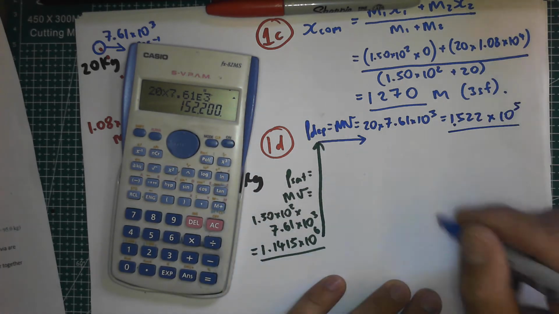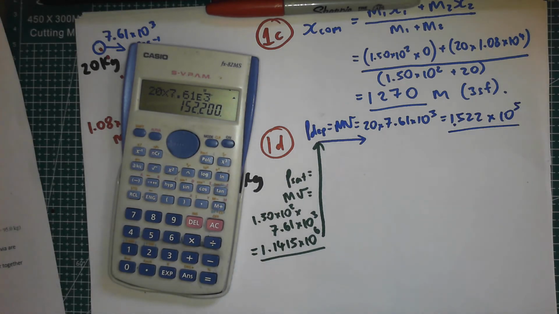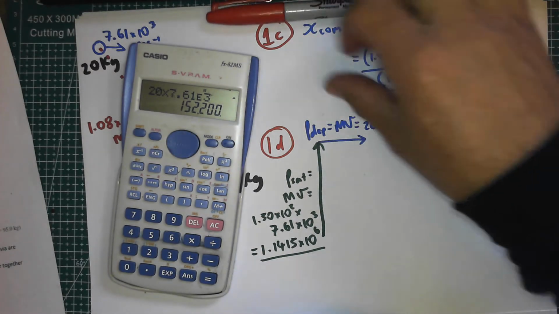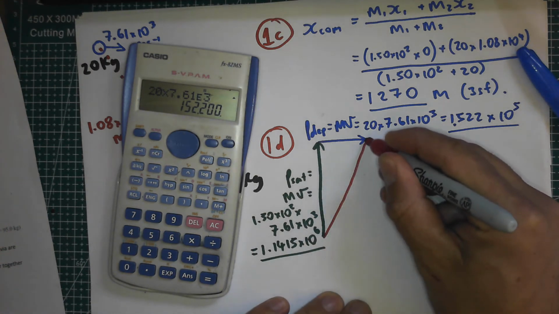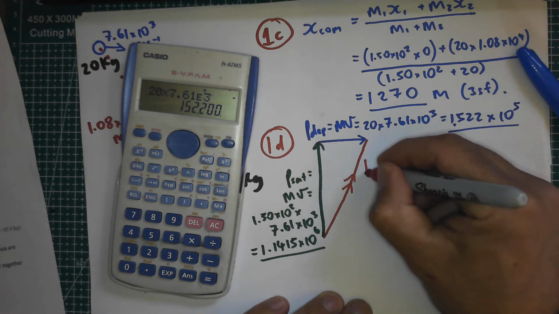These are both in kg meters per second. Right, and then the total momentum of the system is this here, P total.